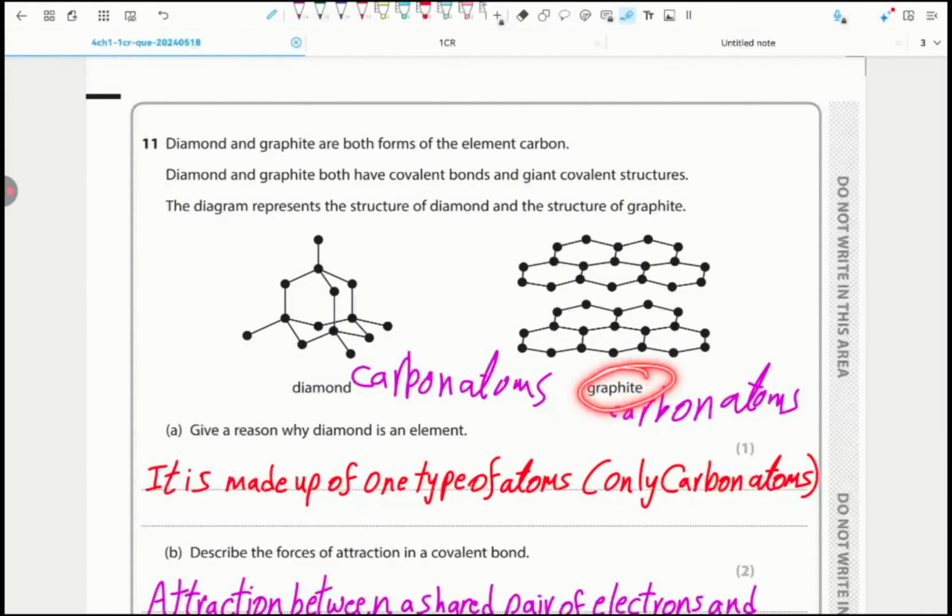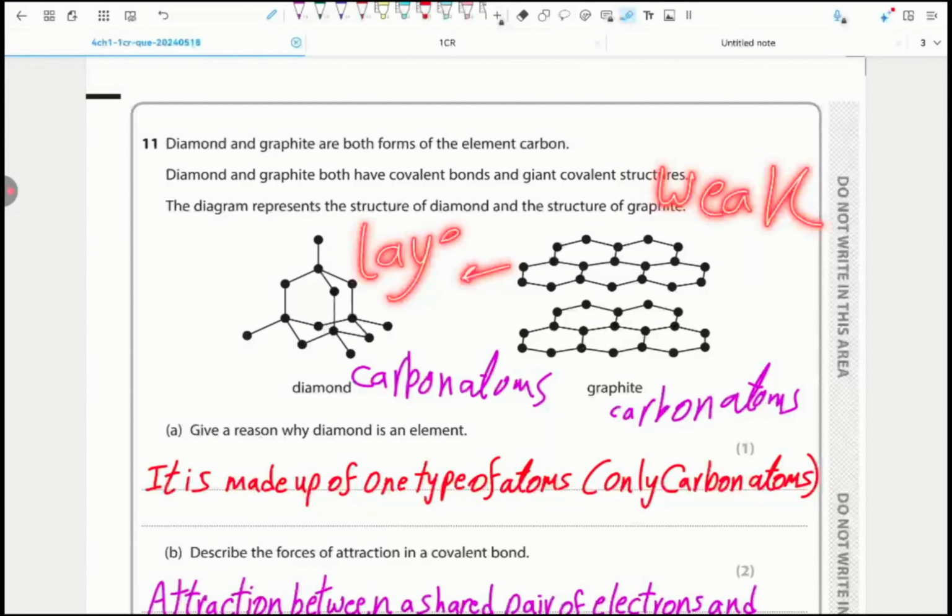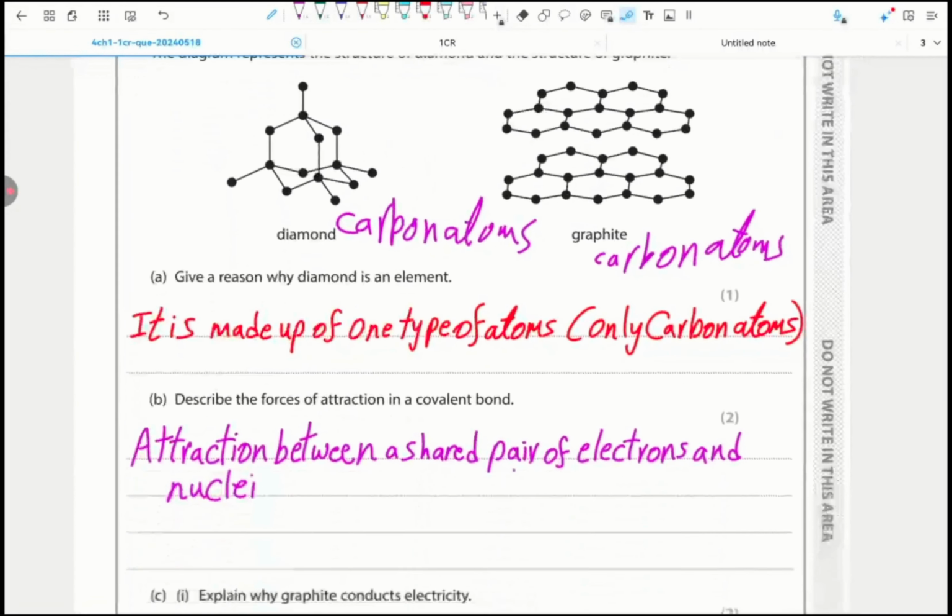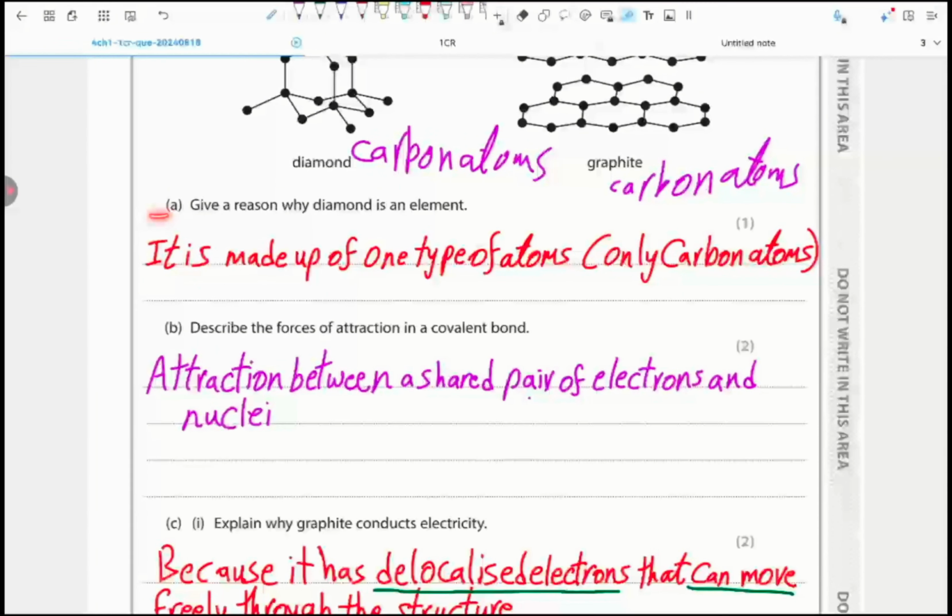While graphite wasn't put under very high pressure, so it has this structure which is a little bit weak, and it is layers. Each layer is over the other. So those are layers.